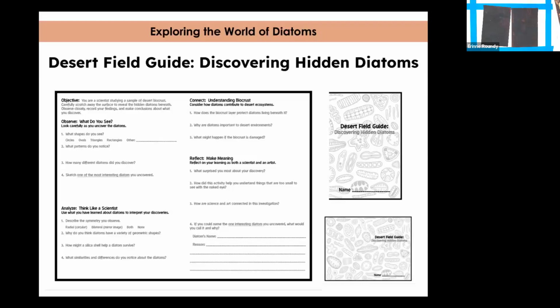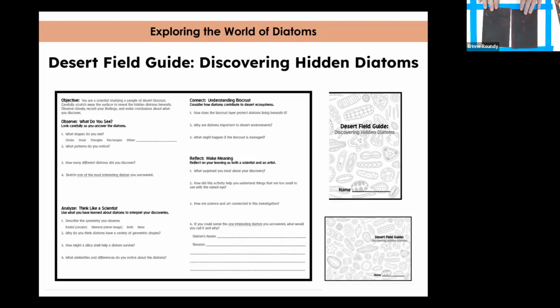What are we going to do about it? Well, I'm going to quickly tell you about how you can take this art project and turn it into an activity in your classroom where your students will become scientists out in the Utah desert in search of hidden diatoms.